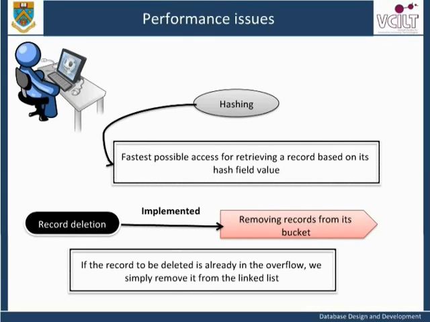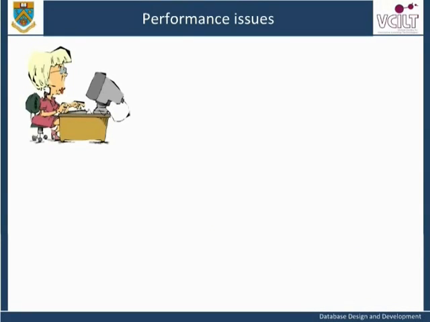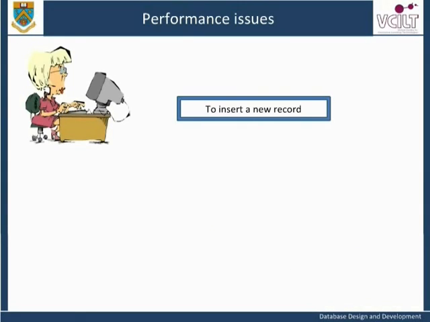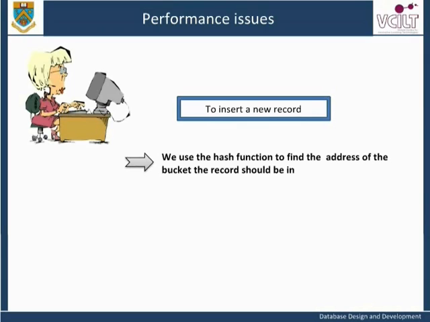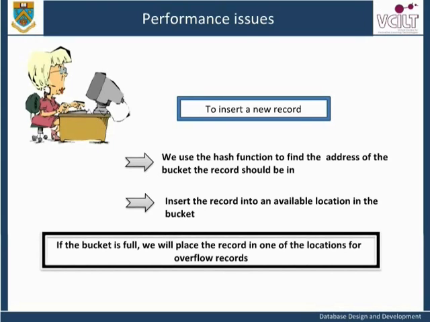If the record to be deleted is already in the overflow, we simply remove it from the linked list. To insert a new record, first, we use the hash function to find the address of the bucket the record should be in. Then, insert the record into an available location in the bucket. If the bucket is full, we will place the record in one of the locations for overflow records.